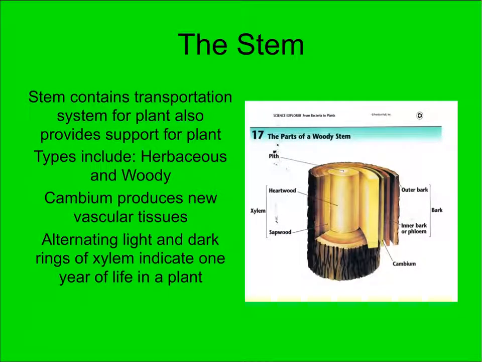All right, the stem. Now, many of us have learned previously, maybe in elementary school, that with certain trees, not all trees, we can look at the bark and count the rings and determine what the age of it is. And one of the interest grabbers that we had at the beginning of the year said, what is like 90% dead? And the answer was a tree. Well, the cells inside of the tree are living, but that bark is not necessarily living.